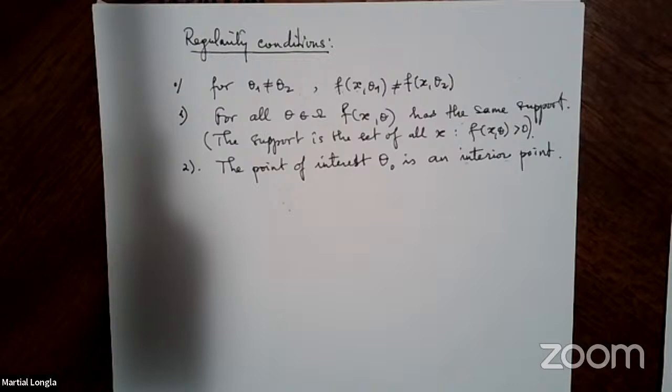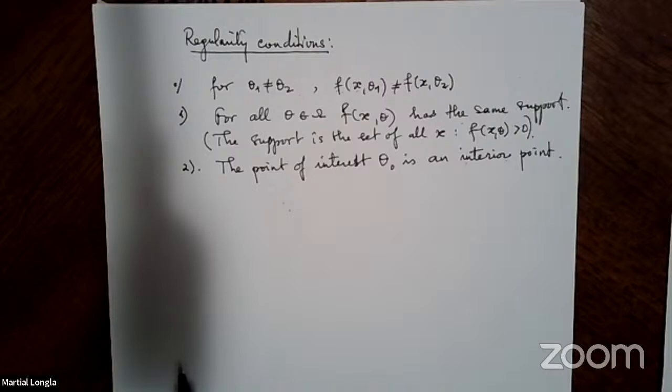All of this, of course, is satisfied for the distribution that we were using, because in that distribution, the condition is theta larger than 0. So omega is the open set from 0 to infinity, which is the reason why any point of that set is an interior point.